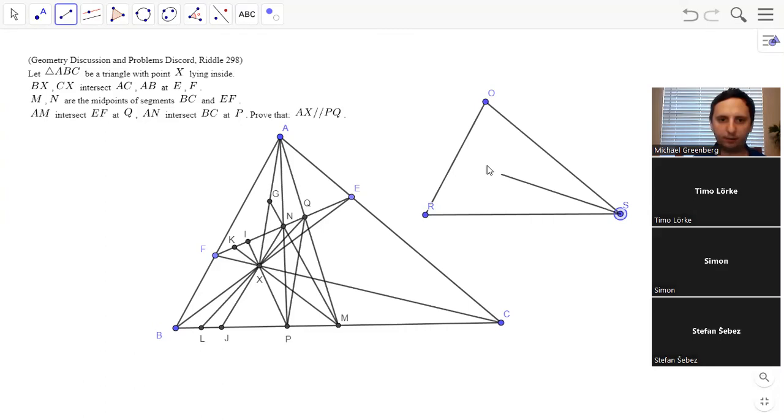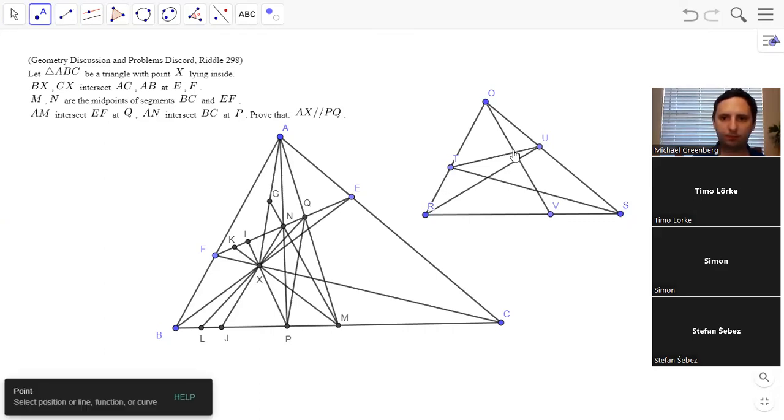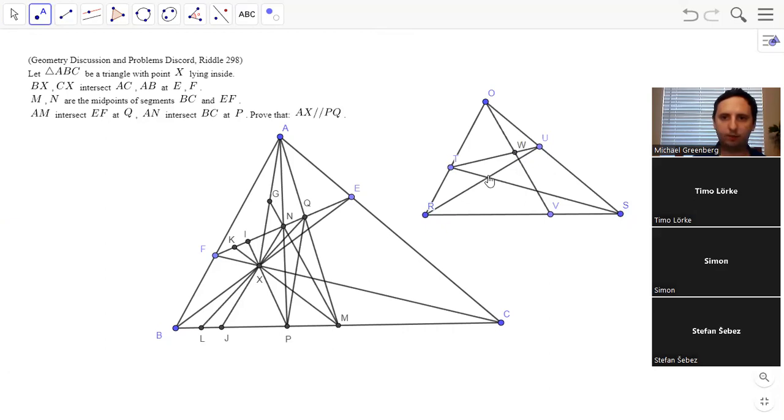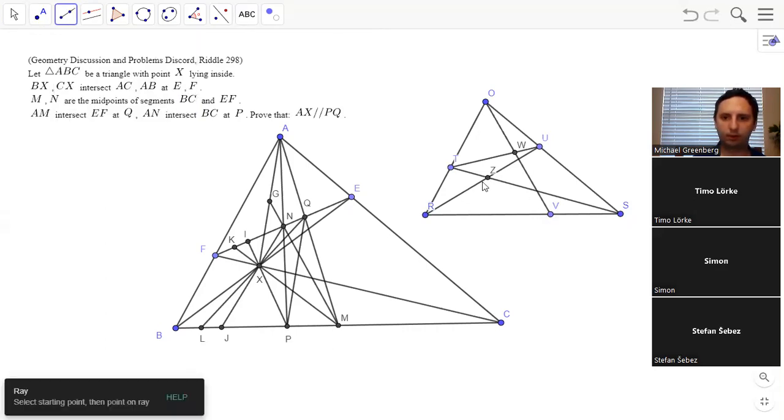I don't even think it matters. I don't even think we need midpoints necessarily. What I'm saying is, if you have something like this and you project these points through this, then I wonder if the new ones are always collinear.